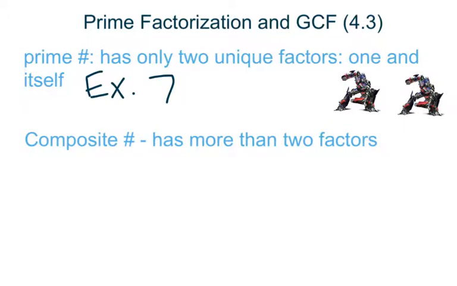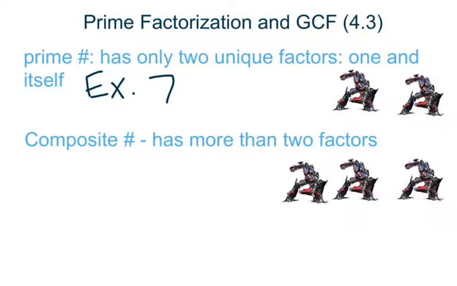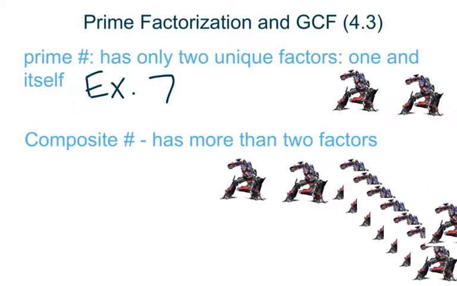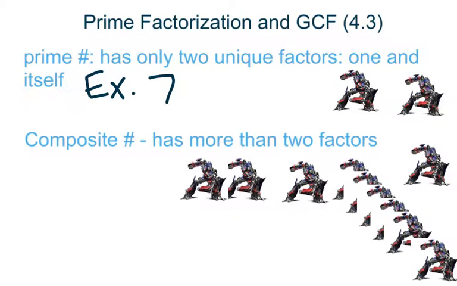Now composite numbers, like we said, have more than two factors, so that would be more than 2 of Optimus Prime. In other words, at least 3 of these guys. Or a whole bunch. Can you think of an example of a number that has more than 2 factors?